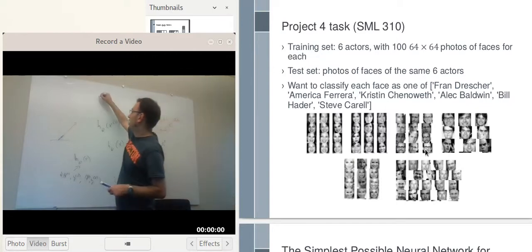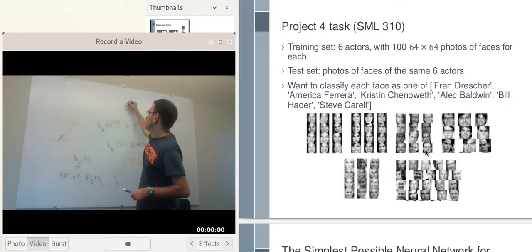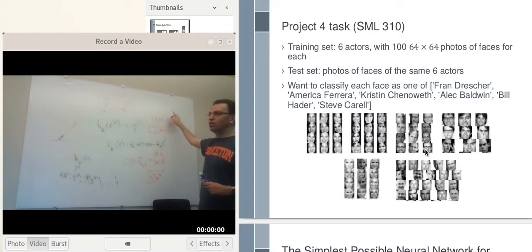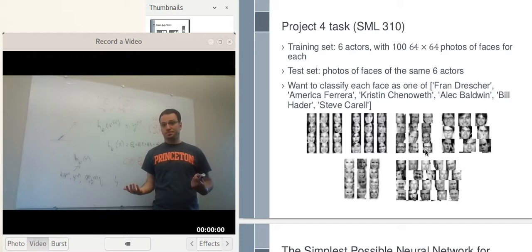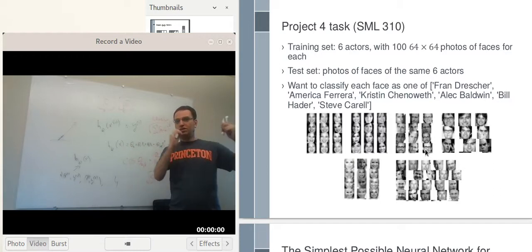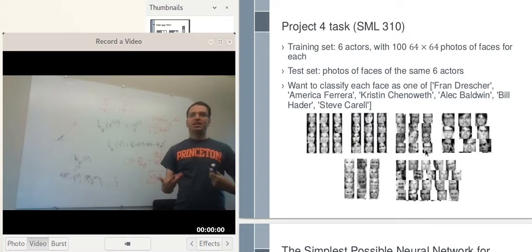So think about one image that's like this and another image that's like this, but shifted a little bit. So maybe this is 12 and this is 10. Well, according to this or according to this, the images are not going to be that close. So what you want to do as much as possible is for the eyes to correspond to the eyes, for the nose to correspond to the nose, and so on, and then those kinds of distances start making more sense.